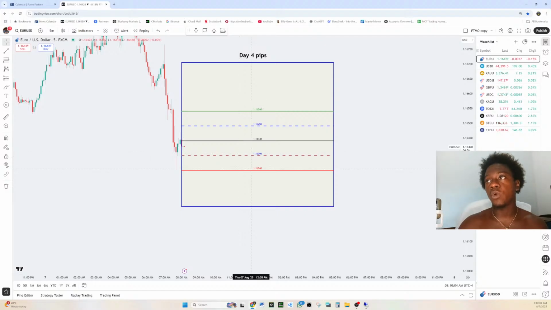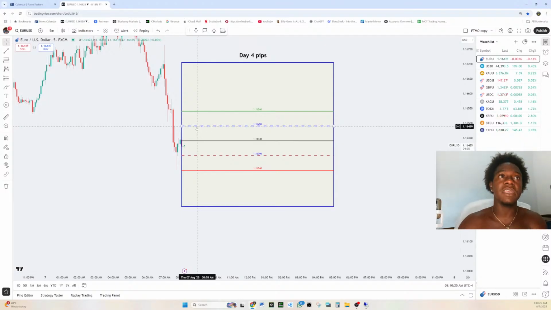And then once we touch one of these lines, like I said, once markets move 5 pips in either direction, whether it's bullish or bearish, it's more likely than not to continue into that direction for about an hour or so. It can move longer, and it can move more than 10 pips. Usually it will move 20 pips minimum if it decides to rally in that direction. It can fluctuate between a range of 15 pips.